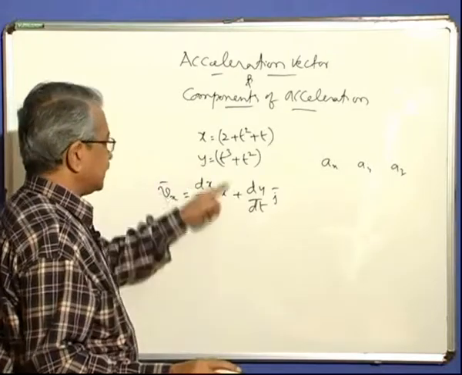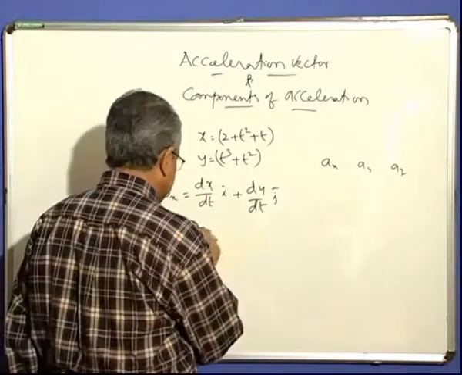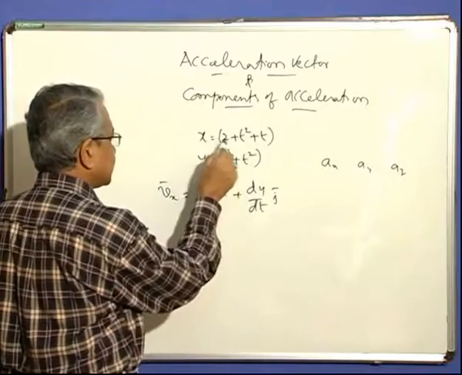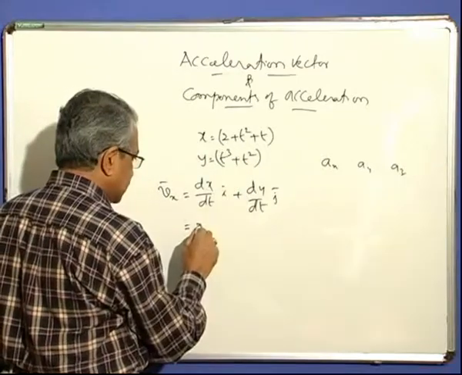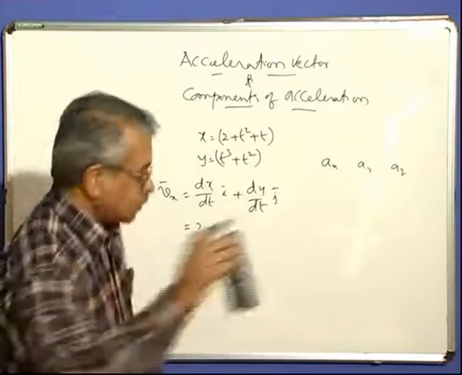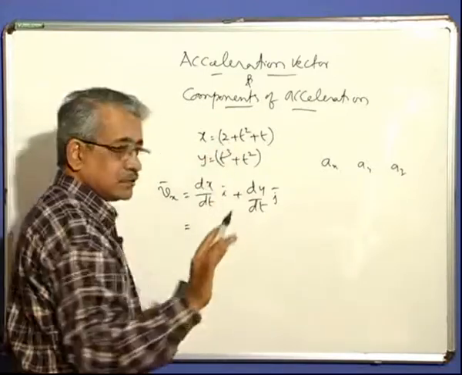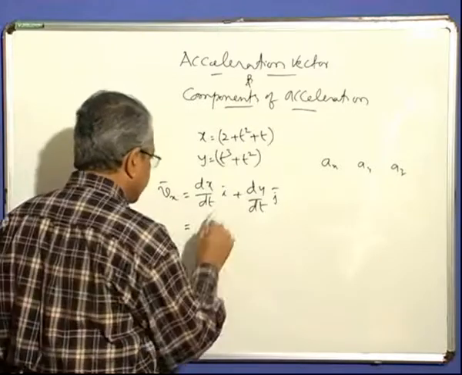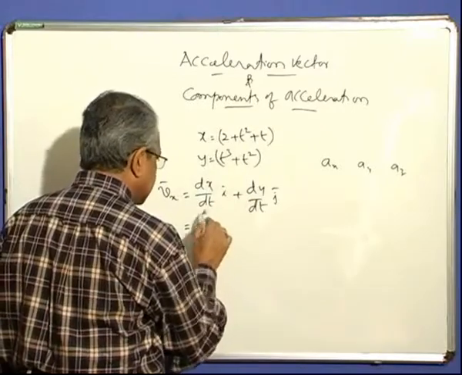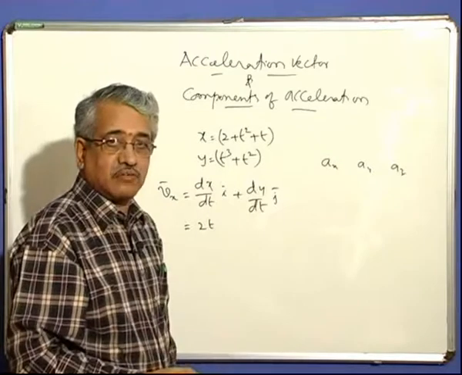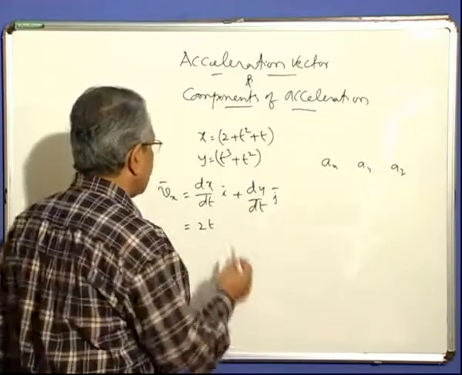So now you can differentiate this and write here. If you differentiate this with respect to time, you will get the answer like this, because this is 2, and differentiation of a constant is 0. Next term, differentiation is 2t. I think you remember the formula for differentiation that we gave in the last module.